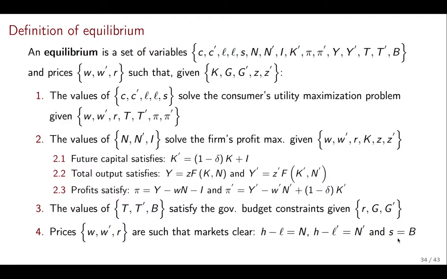So every unit of savings of the consumer has to be matched 1-for-1 with 1 unit of debt. And then if the consumers want to borrow, the only place they can borrow from is the government. So if S is negative, B has to be negative, and the government has to be saving.